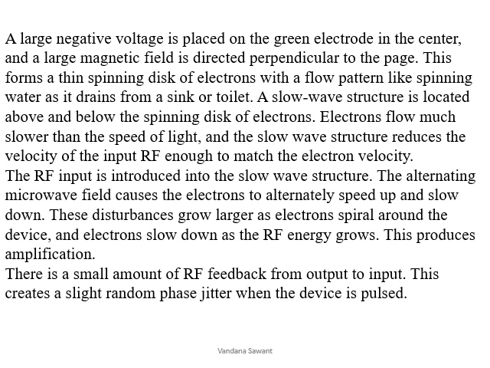That is, it creates a velocity modulation. The electrons coming in the positive half cycle have their velocity increased. The electrons coming in the negative half cycle have their velocity decreased.